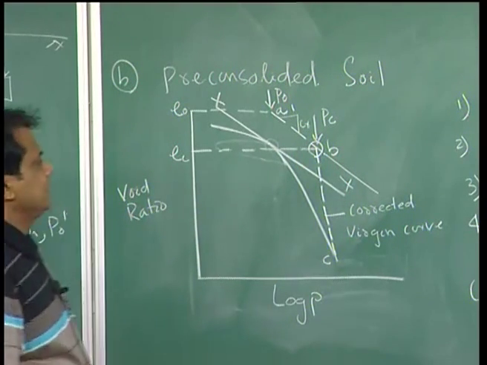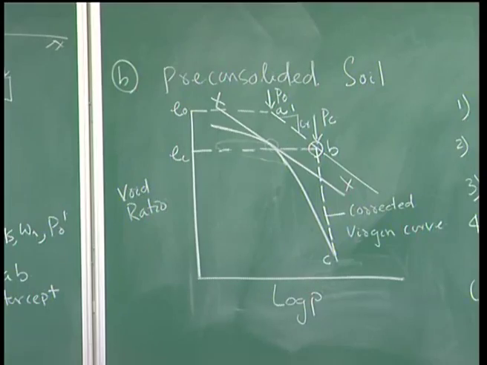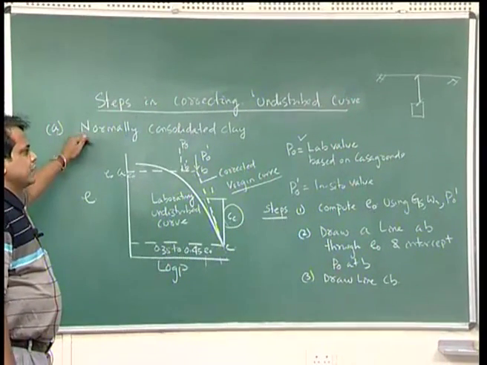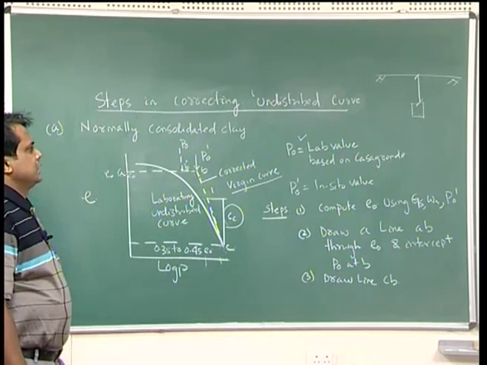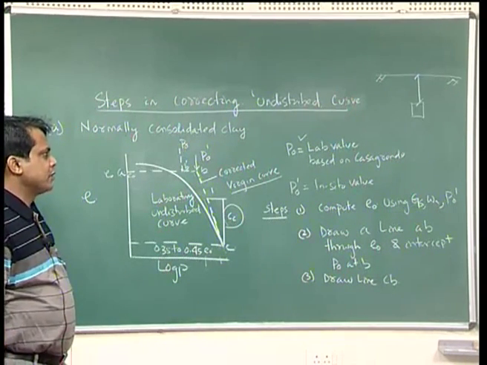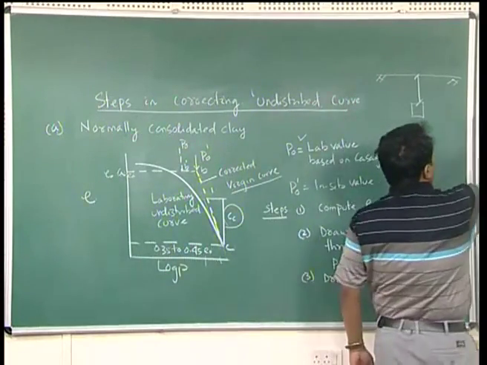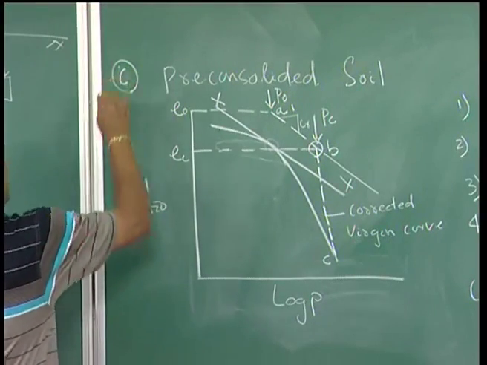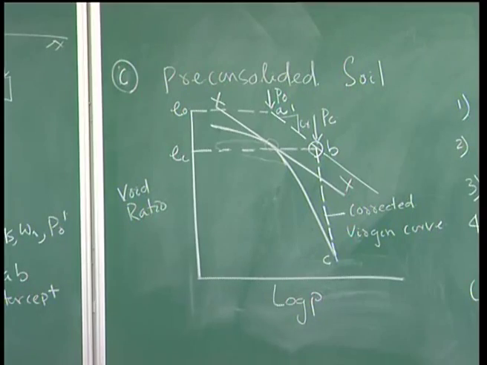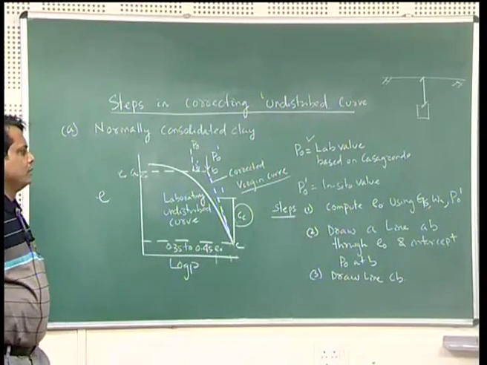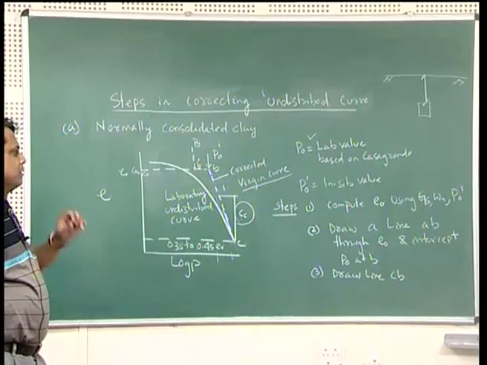So, these are the three cases in which we considered the correction to be required: normally consolidated clay, sensitive soils, and pre-consolidated soil. Once you know the corrections, you can apply them and find your corrected virgin curve.